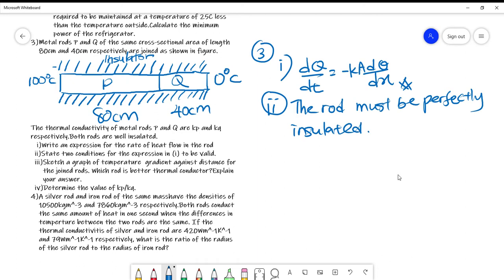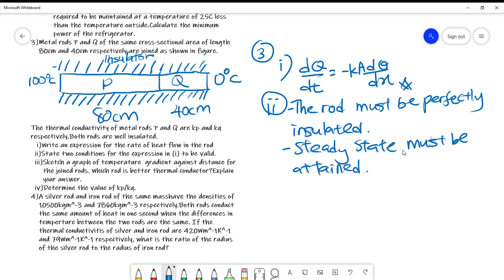And the second is steady state, as we discussed in the previous parts, steady state must be attained. At steady state the temperature gradient is constant, and hence the last but not least is the constant rate of heat flow.